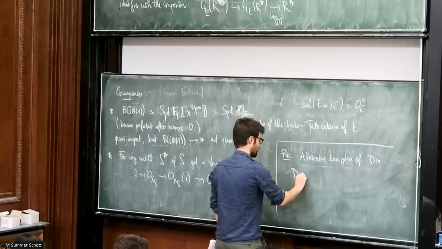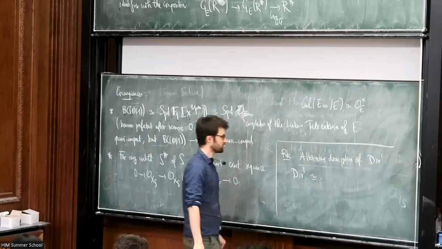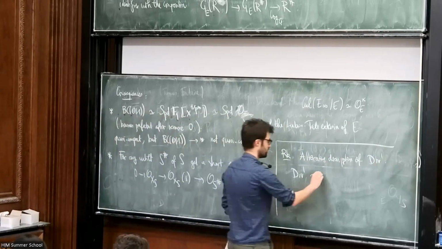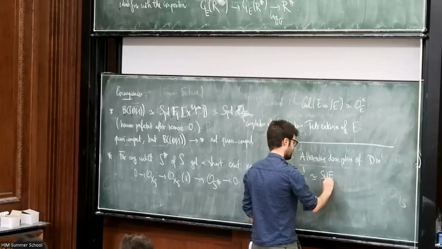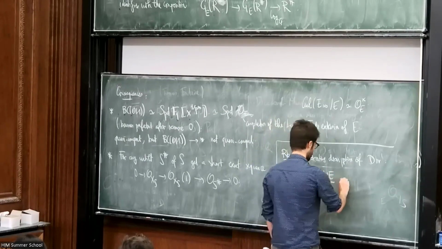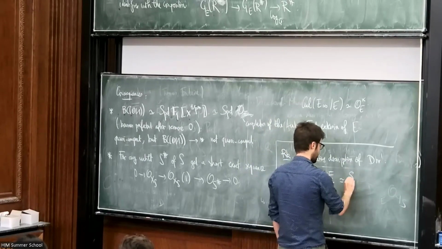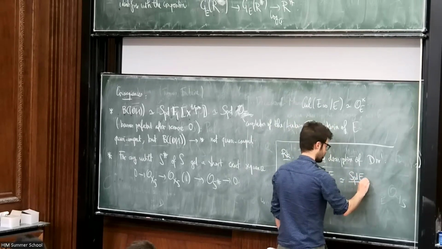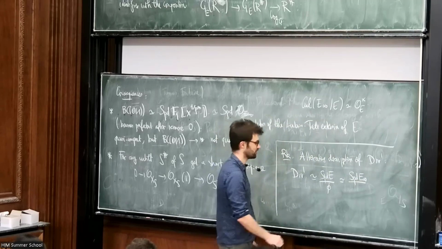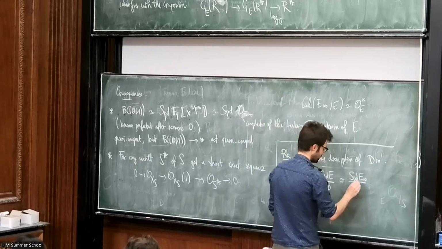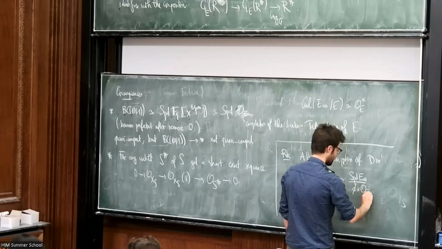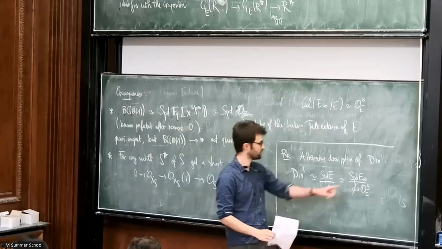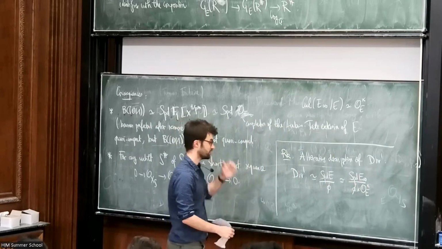Which is that div1 identifies with, well, recall that this is Spa E modulo Frobenius. But this I can also rewrite as Spa E infinity modulo Frobenius and the action of O_E cross, which is the Galois group of E infinity over E, as I said.